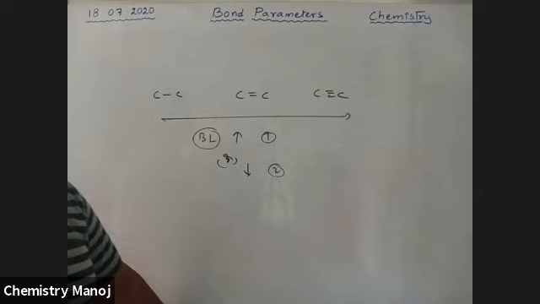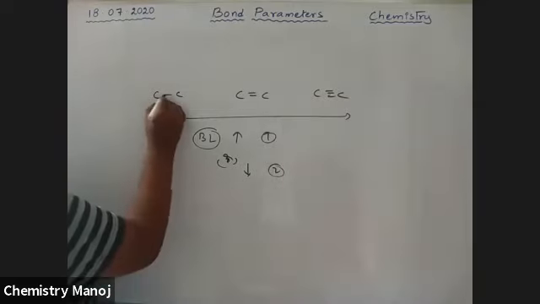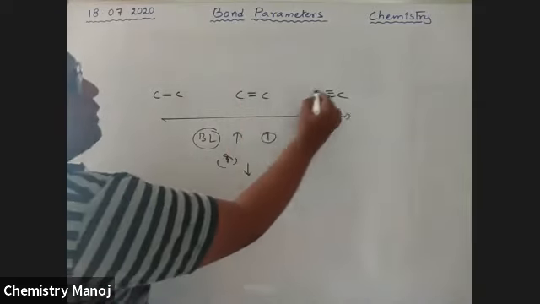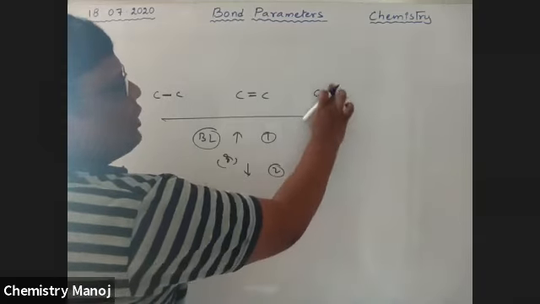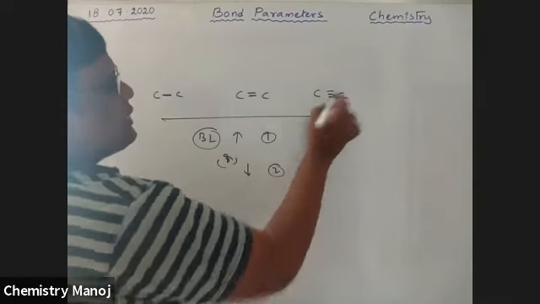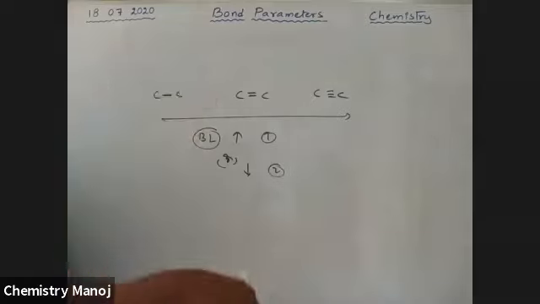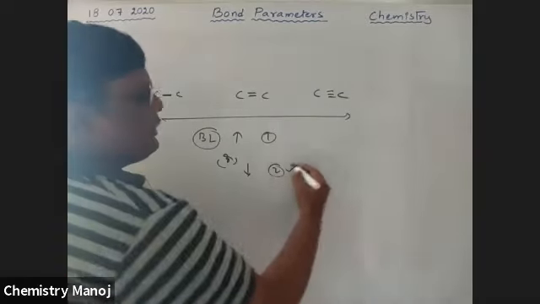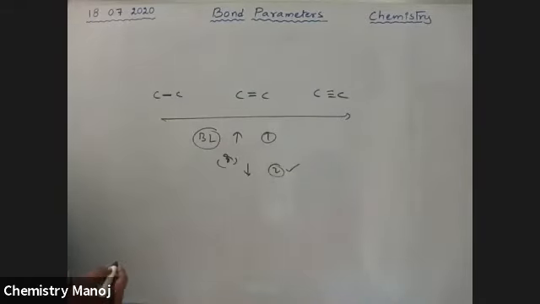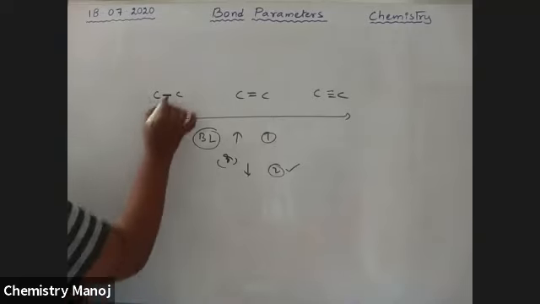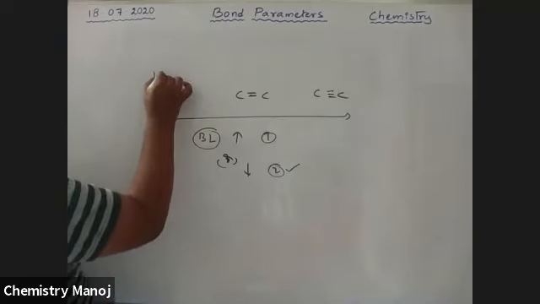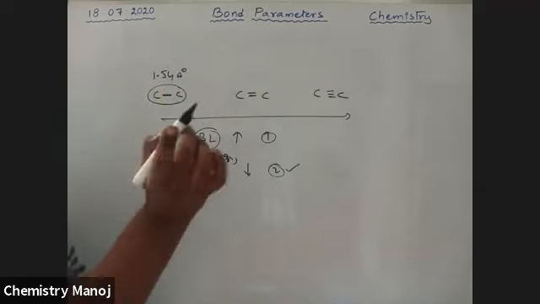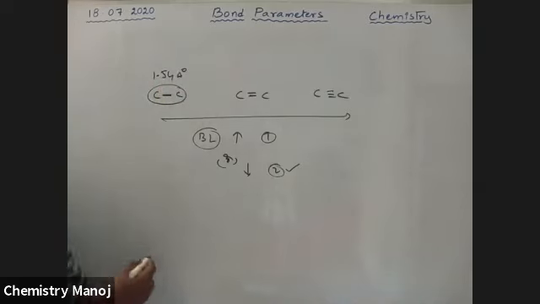See, boys, between carbon and carbon, single bond, double bond, triple bond, the number of bonds between the atoms increases. As the number of bonds increases, bond length decreases. Therefore, our answer is this one. In particular, the C single bond C length is 1.54 angstroms. Please try to remember.